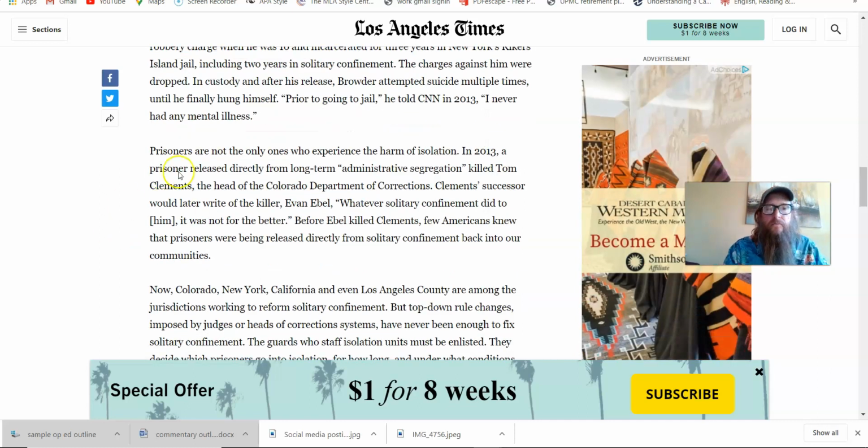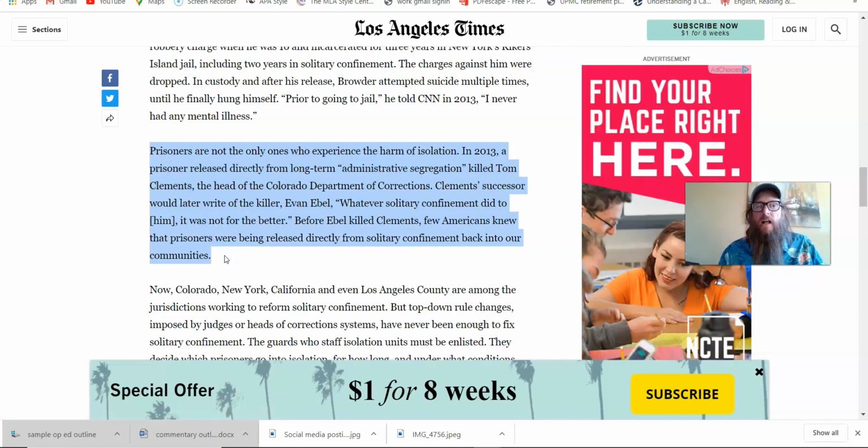right? Here's another specific example about violence that was directed towards actually the head of the DOC in Colorado that was to some degree attributed to solitary by this person in the quote, right?